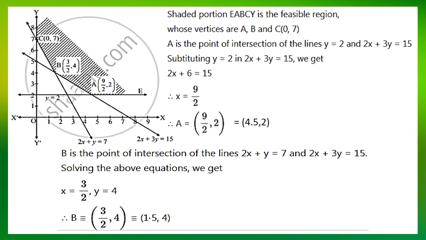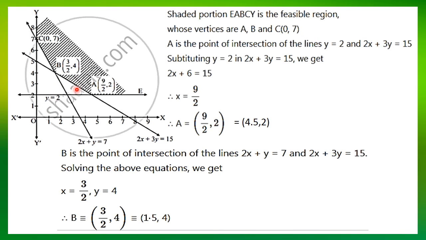Now we draw the diagram using the points obtained. The lines y = 2, 2x + y = 7, and 2x + 3y = 15 are drawn, and then we find the region to shade, which we have already checked. It is the non-origin side, because each line has two sides, the origin side and the non-origin side.